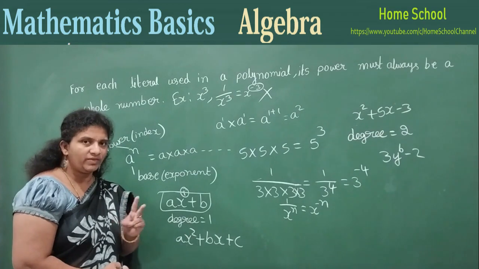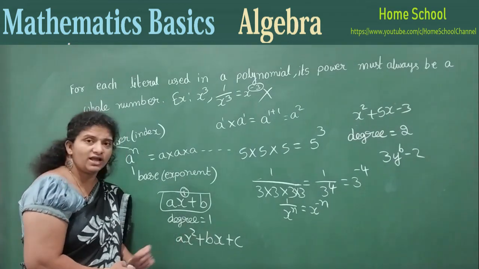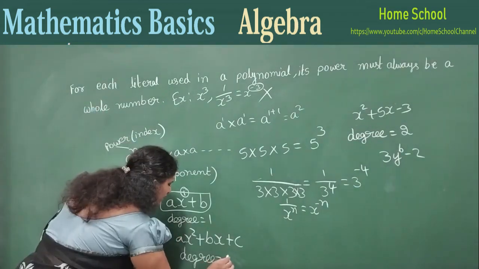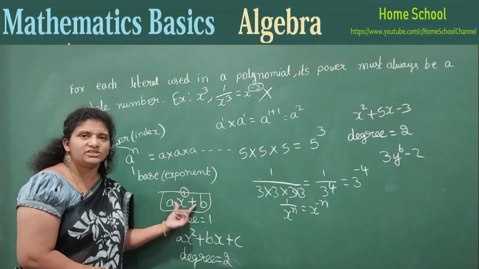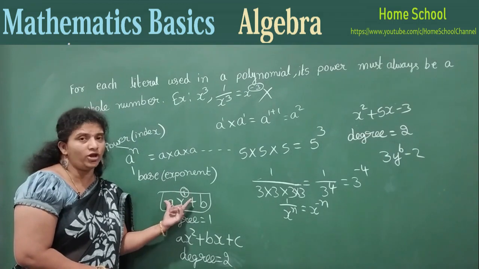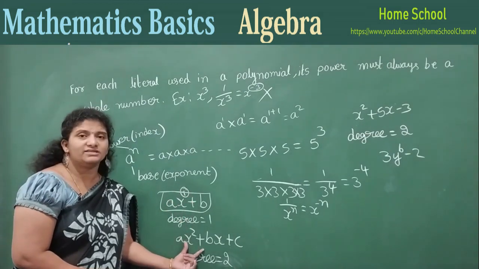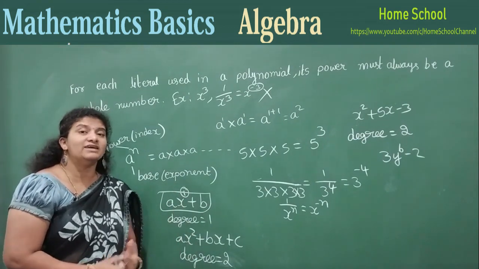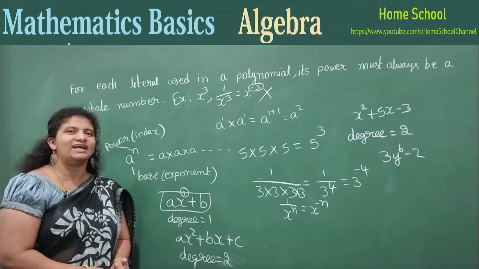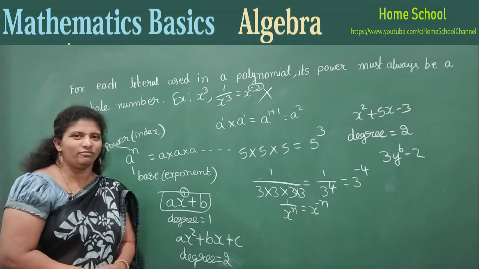It is 2. The highest power is called the degree, right? Therefore, the degree is equal to 2. This type of equation we call a quadratic polynomial, and the linear one is a linear polynomial. And if you have a highest degree of 3, then we call that a cubic polynomial.